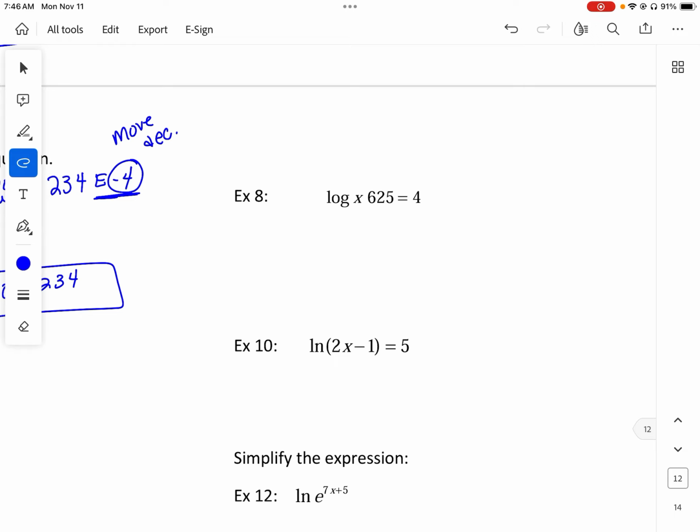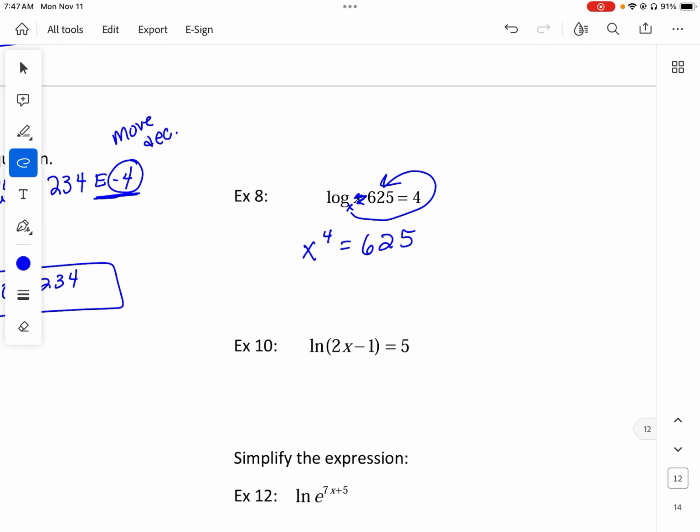Log base x of 625 equals 4. This is supposed to be a base of x. I don't know why it's written like that. So x to the 4th equals 625.